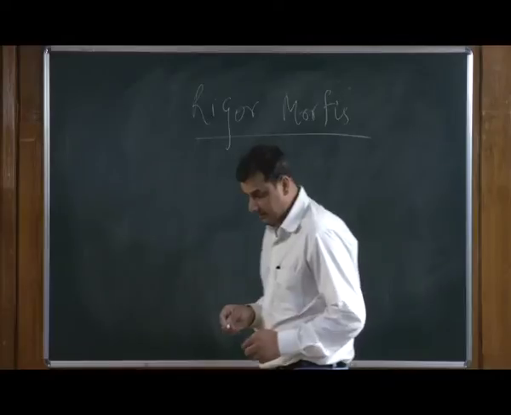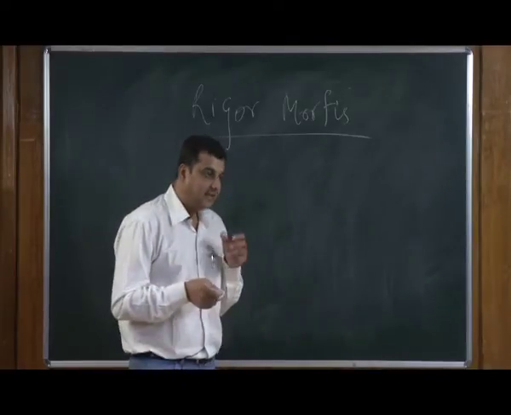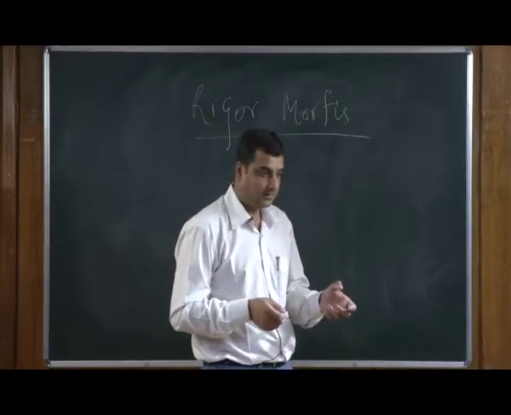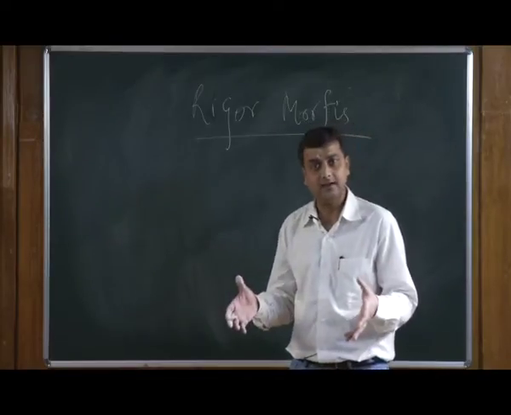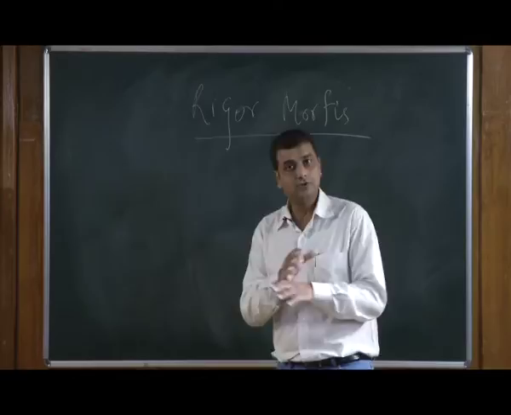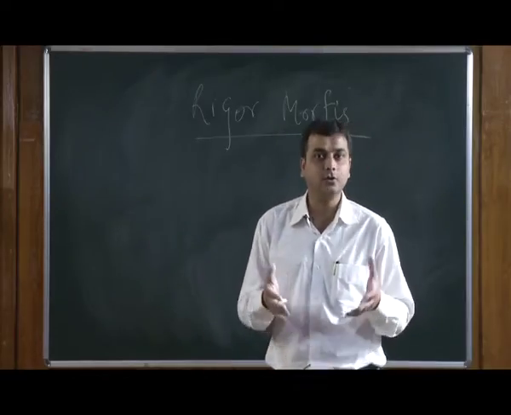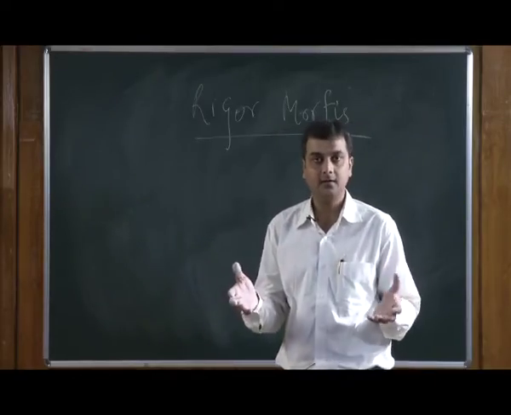So rigor mortis is a phenomenon that happens after death. After death, cells are dying, all cells are dead. Because of this deadness, there is no physiological activity going on, so there is no ATP in the body.